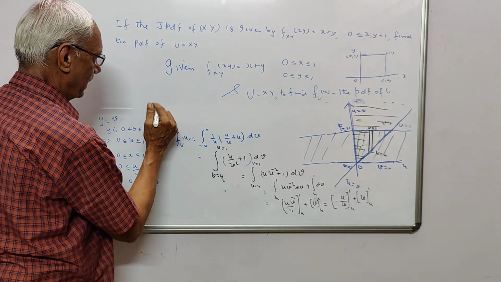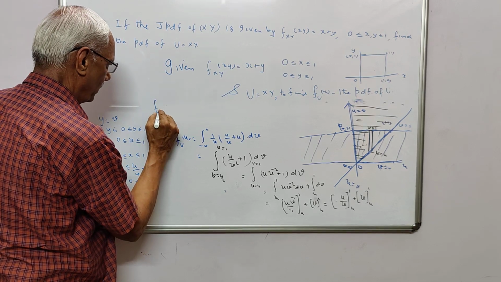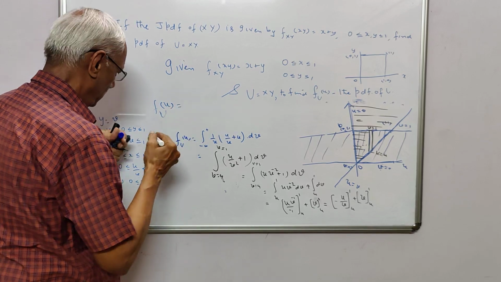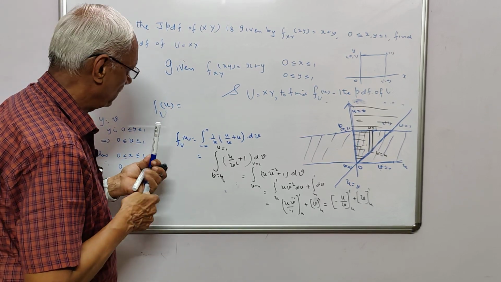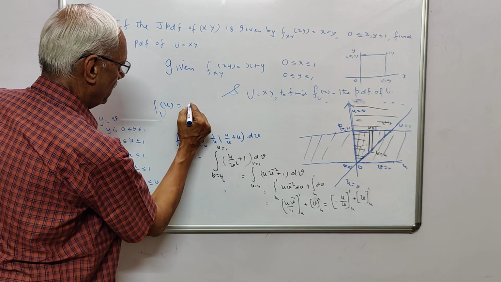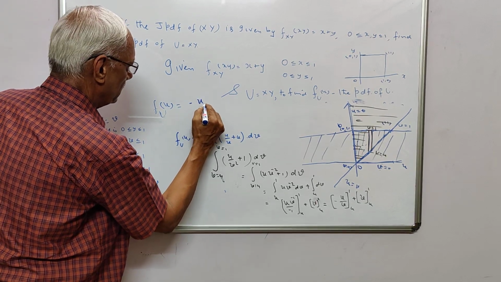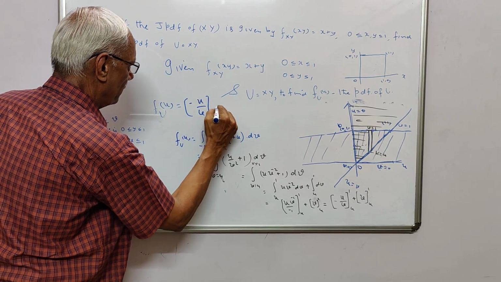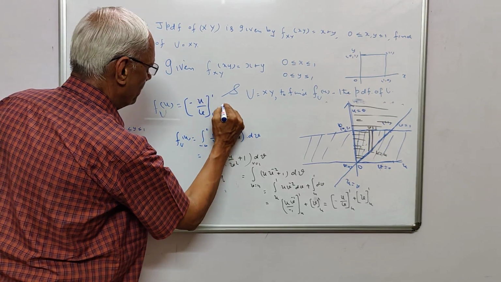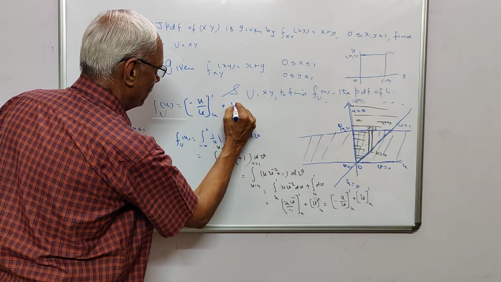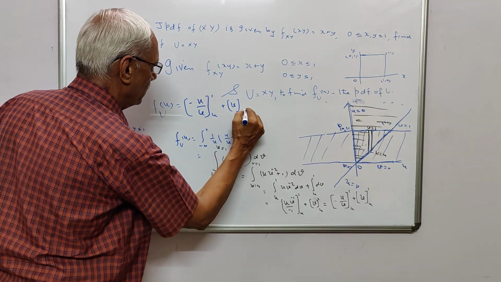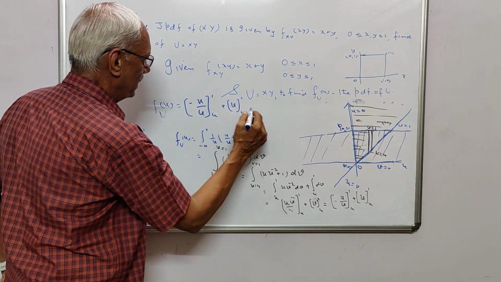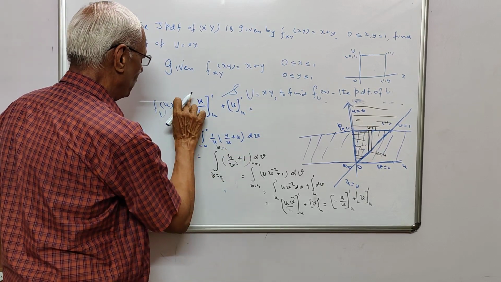So this one, f of u is equal to minus u by v, going from u to 1 plus v, it is going from u to 1. So now if you substitute 1 here, take this minus sign outside.